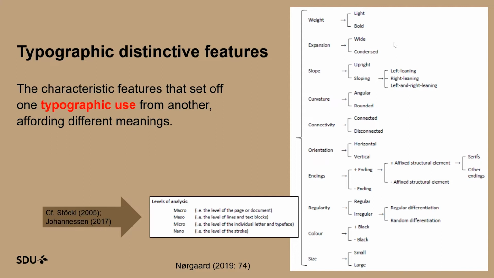Sometimes we simply, in our analysis, need to specify whether the distinctive feature we're talking about is a feature of the stroke, a feature of the individual letter, a feature of the line or text block, or a feature of the page.